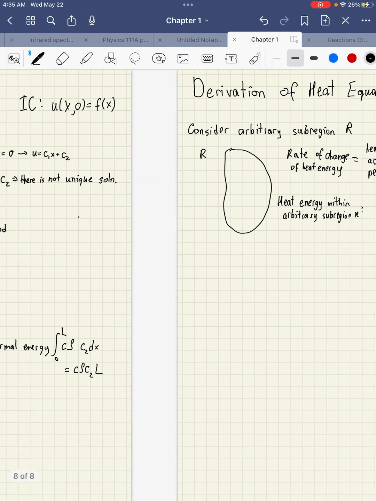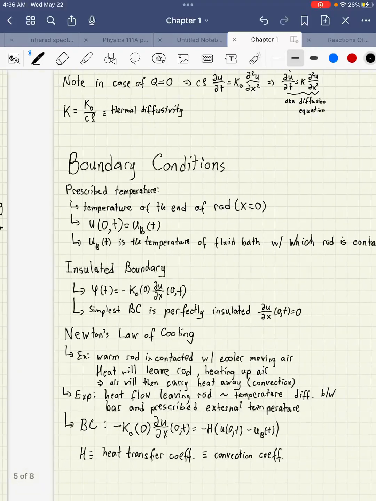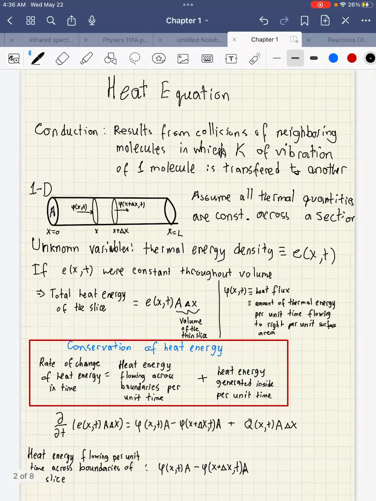We just did, if you remember, the energy density multiplied with the volume. And our volume was the cross-section area multiplied by its length.